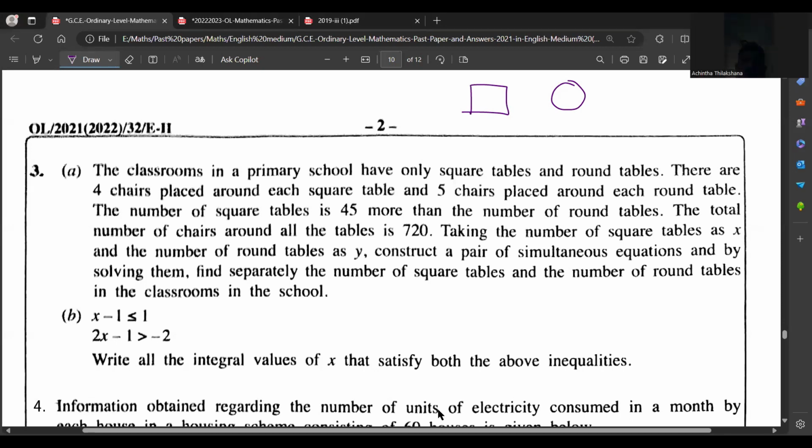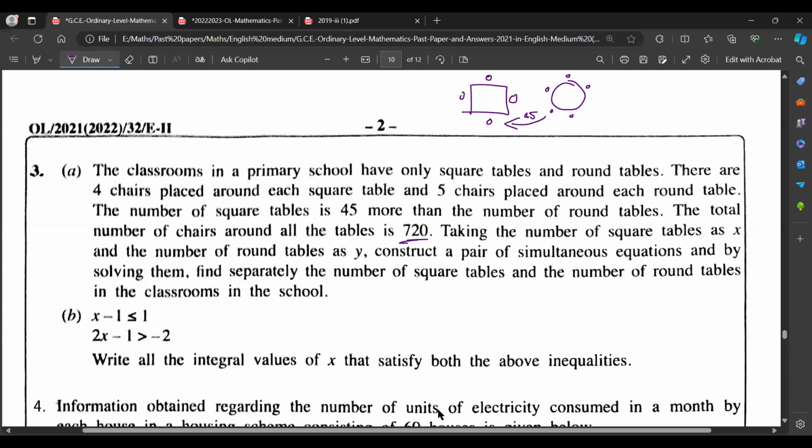The number of square tables is 45 more than the number of rounded tables. The total number of chairs around the tables is 120.